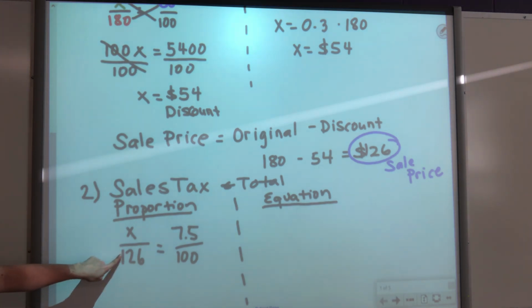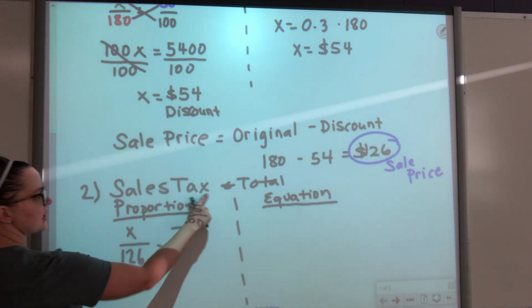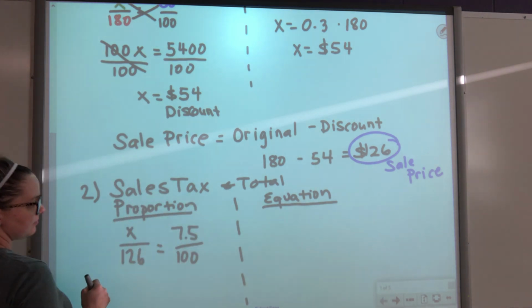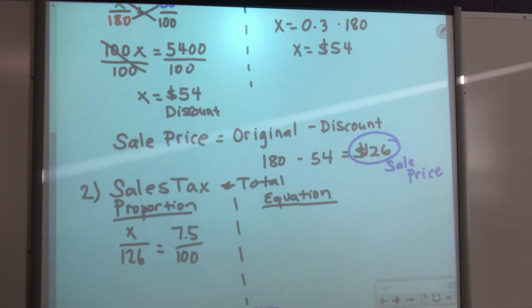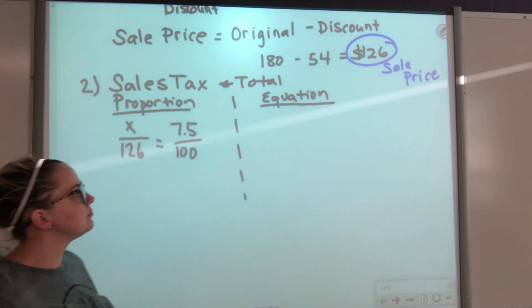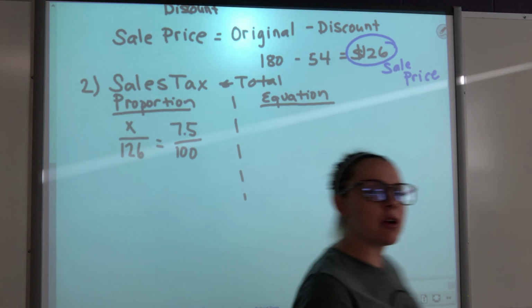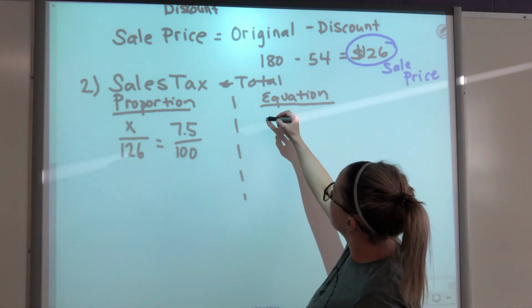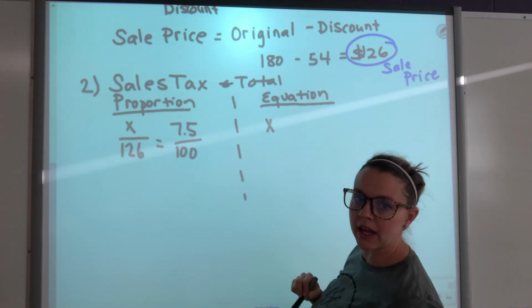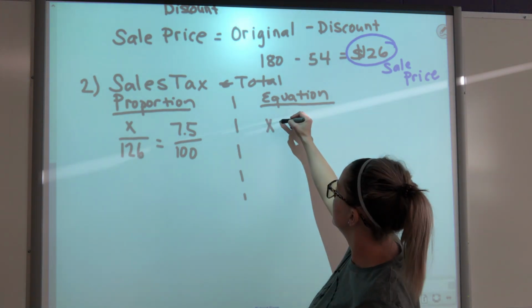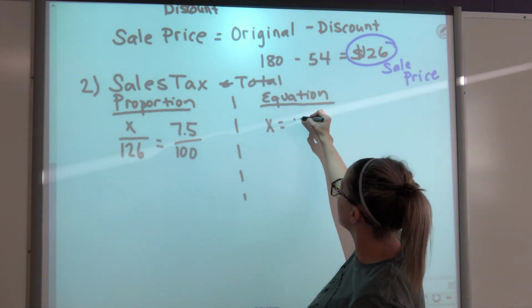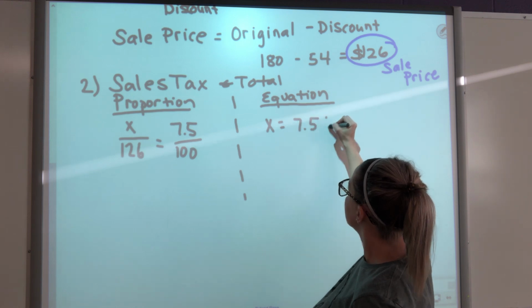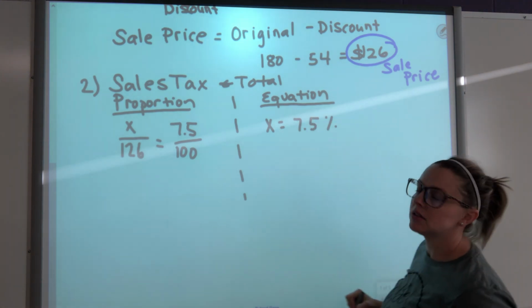So part over whole equals the percent over 100. That's going to give us the amount we're paying in sales tax. So my proportion kids, go ahead and solve. Now my equation kids, we're doing the same thing. We don't know how much we're paying in sales tax. We know that our sales tax percent is 7.5%.